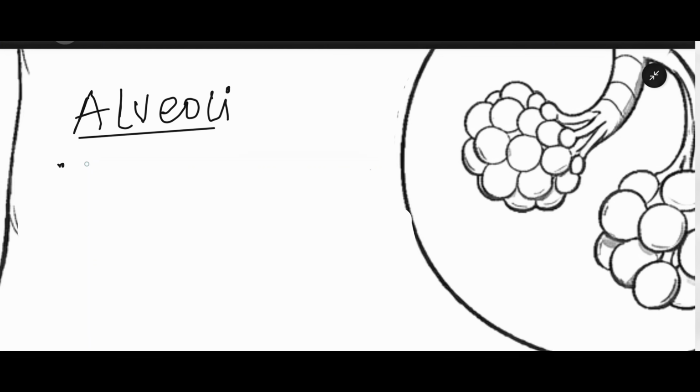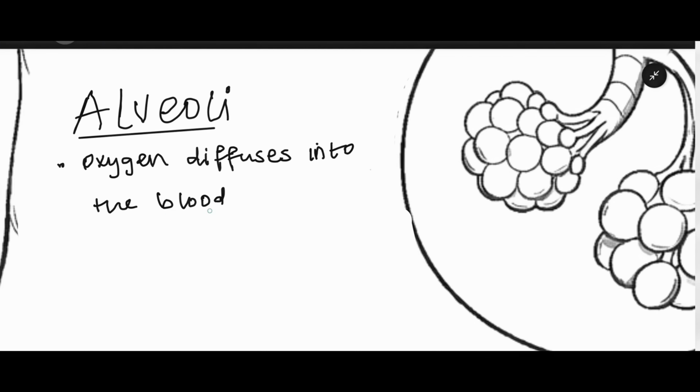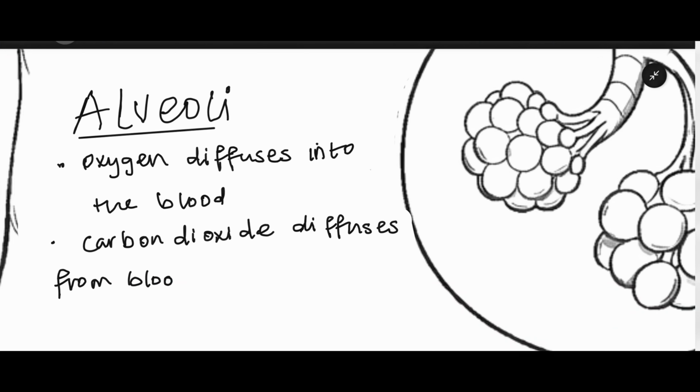The alveoli is where oxygen diffuses from the alveoli into the blood, and in the opposite direction, carbon dioxide diffuses from the blood into the alveoli to be breathed out or to be exhaled.